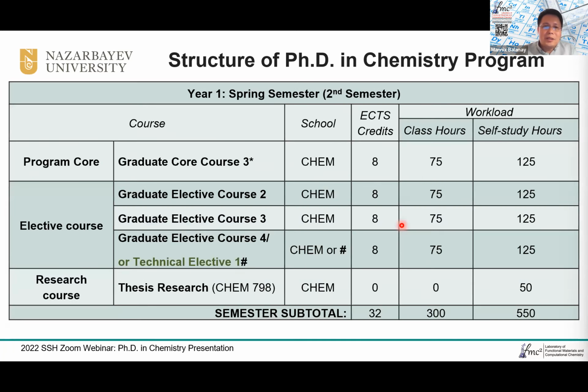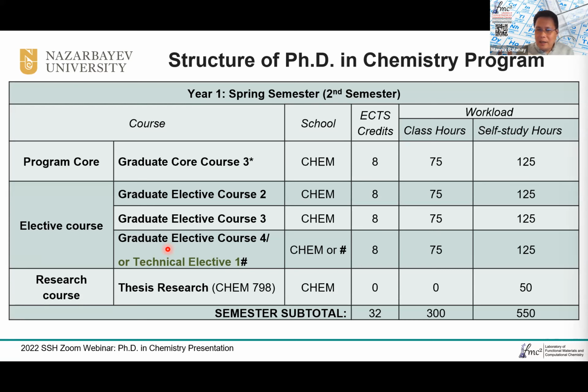Then on the spring semester, you will now be going to take another core course, then elective courses. Okay, so the technical elective here would also be allowed if you want to take specializations not actually offered at the chemistry department, but offered within the NU system. Like if you want to take some biology related courses, you can take it in the biology department.